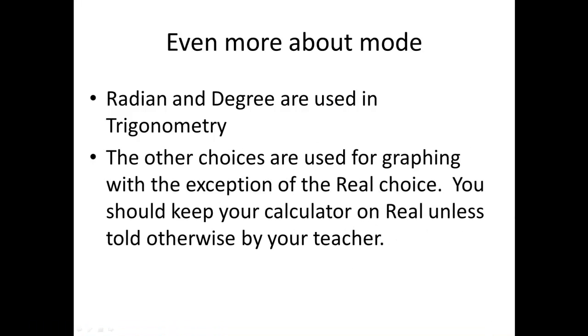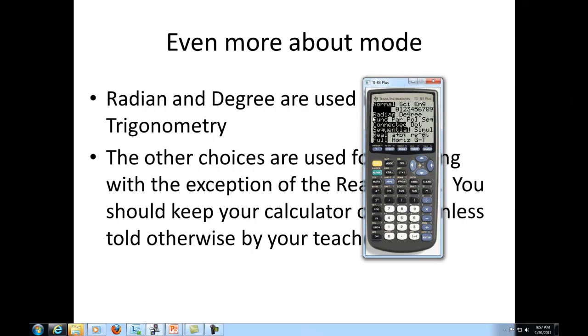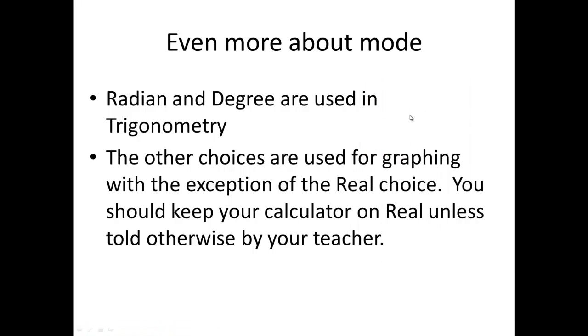Now, next options down there, it says FUNC, PAR, POL, sequential. Those things are used whenever you're in a higher level calculus class for setting the types of equations that you can enter in there. Most of the time your calculator should be in function mode.